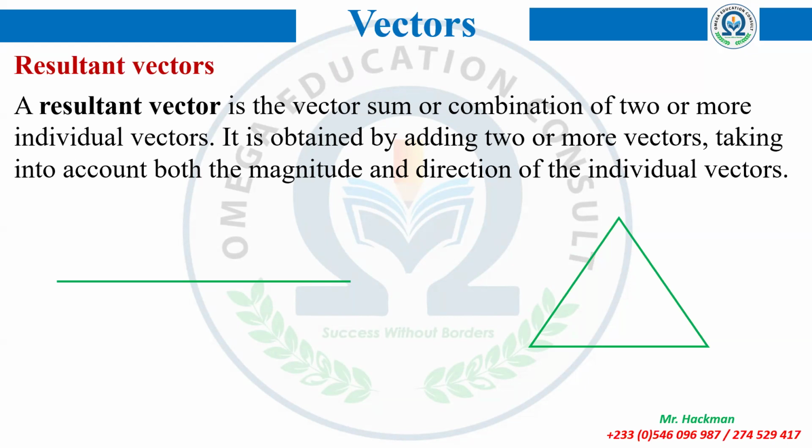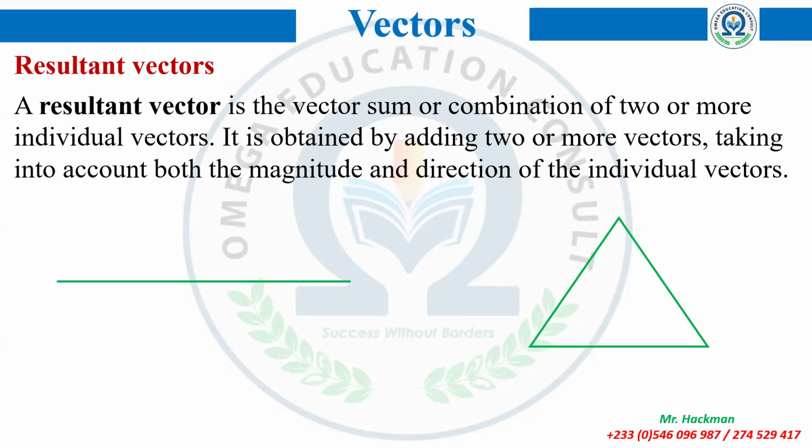A resultant vector is the vector sum or combination of two or more individual vectors. So when you sum two or more vectors, we are dealing with a resultant vector. Your result will be a resultant vector.